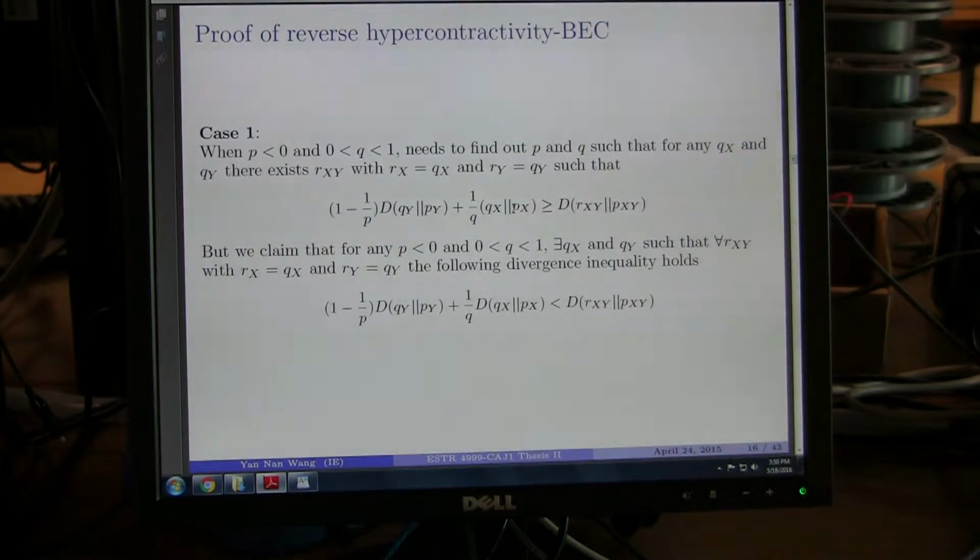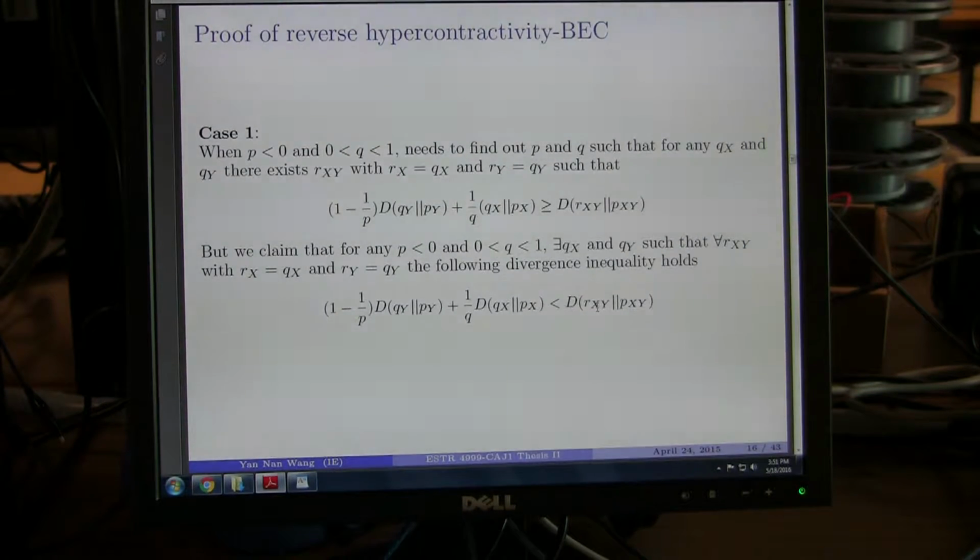But actually, the set of PQ for this case is an empty set. That is, for any PQ in this case, there always exist Q_X and Q_Y such that the following divergence inequality holds for any R_XY with R_X equal to Q_X and R_Y equal to Q_Y.